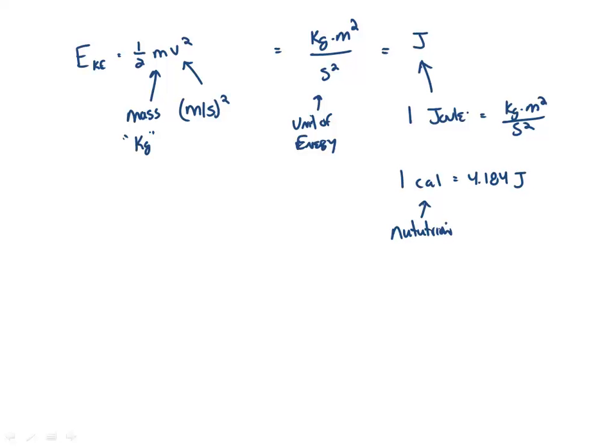Are you going to include kilocalories? Well, we can talk about kilojoules, but a kilojoule is just 1,000 joules, right? Because kilo means the same no matter what. Same thing with a kilocalorie, which is equal to 1,000 calories.